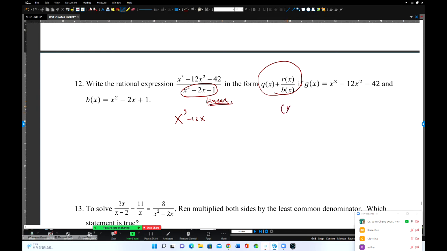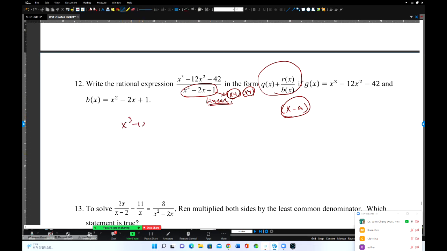Synthetic division is only for what? Linear factors. This is a quadratic. If you really want to write synthetic divisions, you have to do it twice, with x minus 1, x minus 1, right? Use this one twice. But in this case, it's better to use long division.